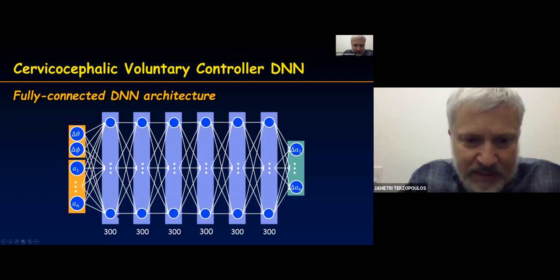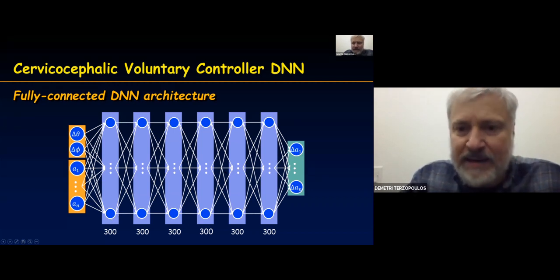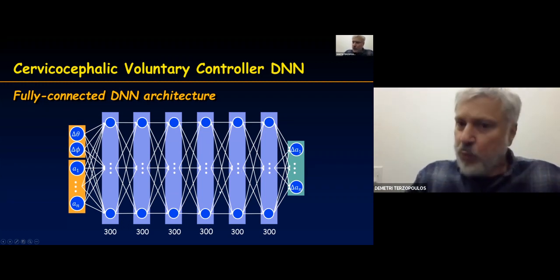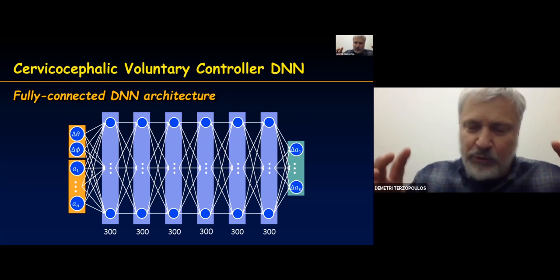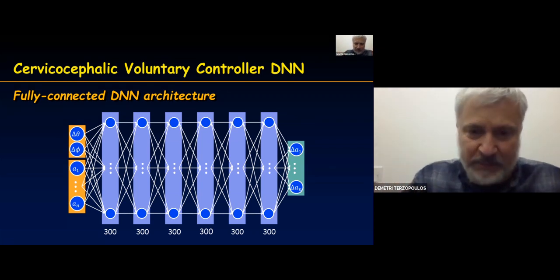So you can see that these networks are, first of all, fully connected networks. And each has 6 hidden layers, 300 hidden units in each layer. And this worked for us. I mean, we tried to keep the architecture as uniform as possible.